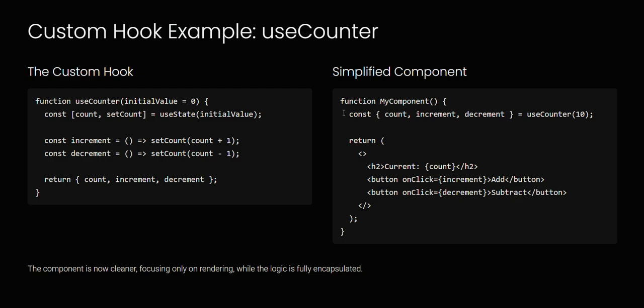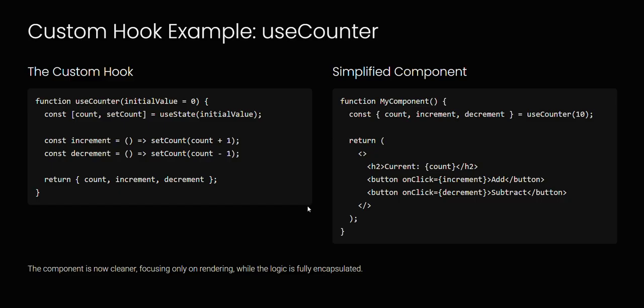So now look at the consuming component on the right. It does not know and it does not care that the useCounter hook is using useState internally. It simply calls the hook, destructures the friendly named functions, increment and decrement, and uses them directly in its buttons.